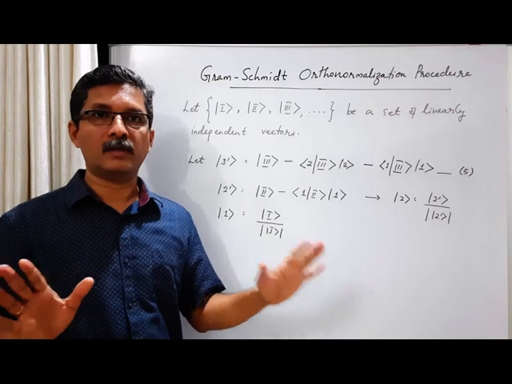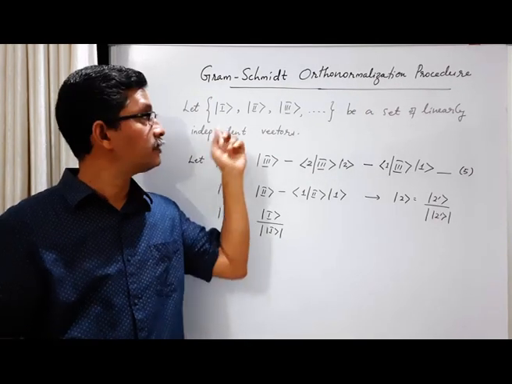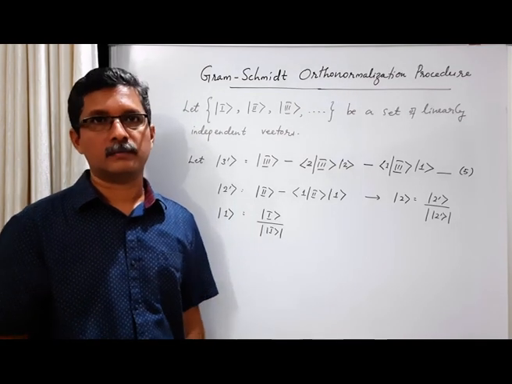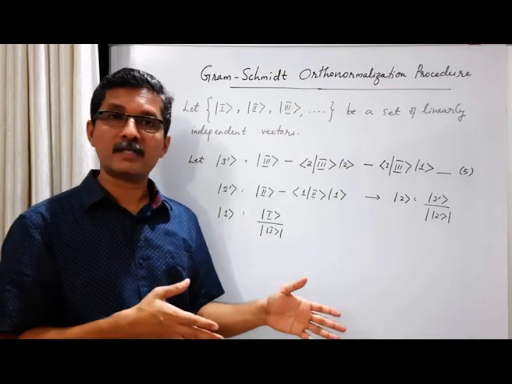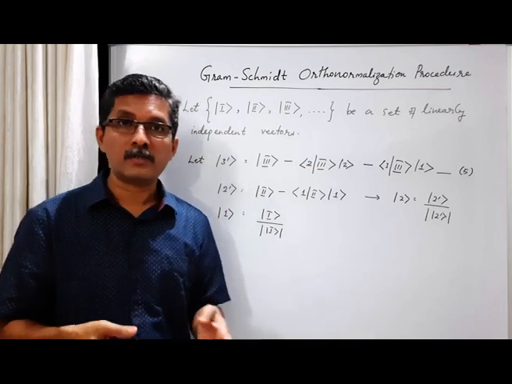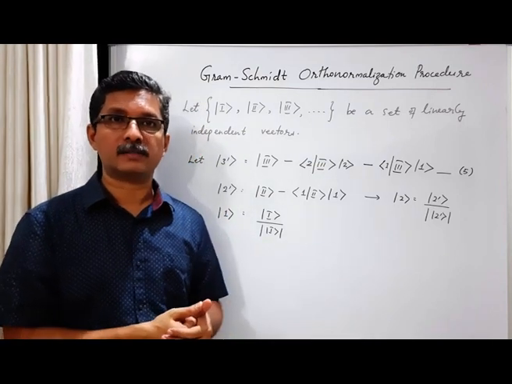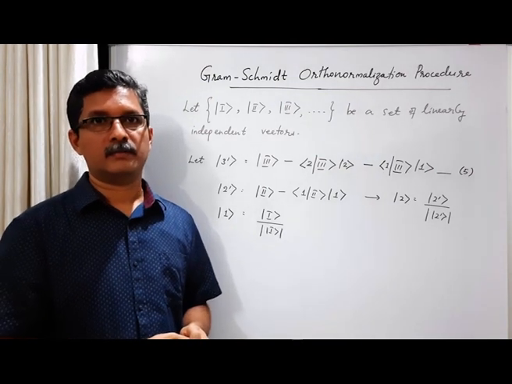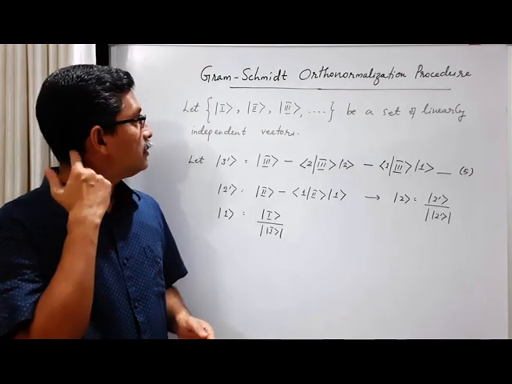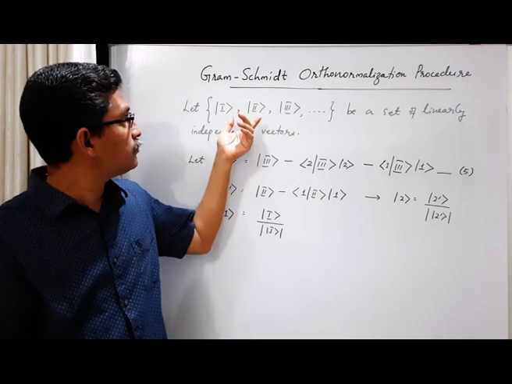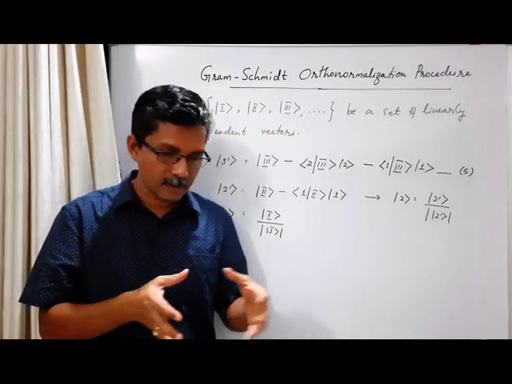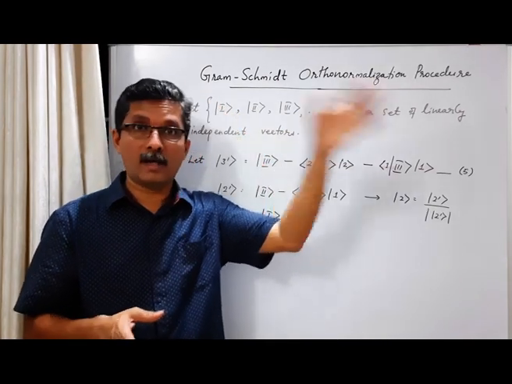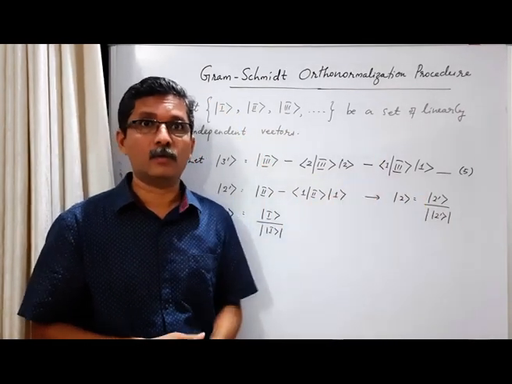If they are mutually linearly independent, then a linear relationship between them cannot happen. If this linear relationship is possible for non-zero values of a1, a2, a3, etc., then it means that they are not linearly independent. Okay. So that means a linear combination of these linearly independent vectors equal to 0 cannot happen.